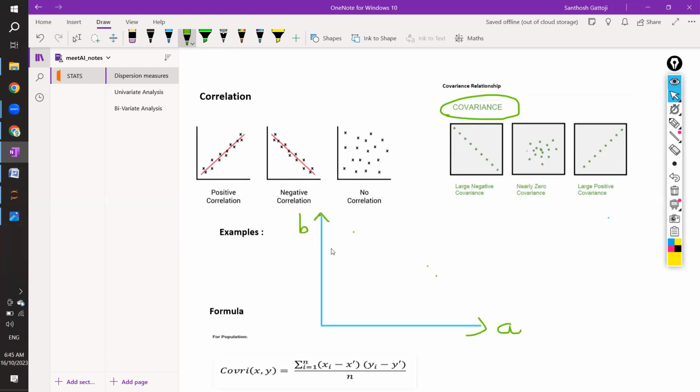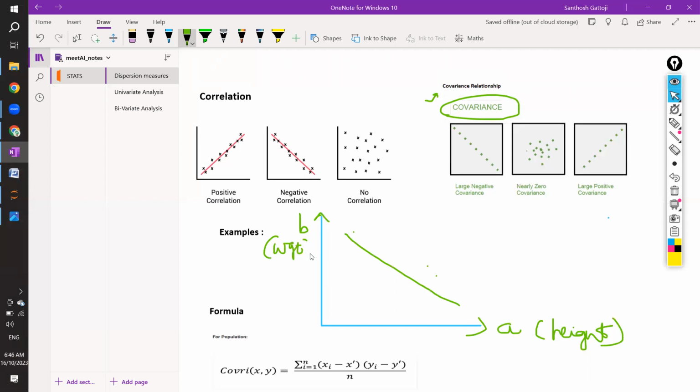Now, first let's see covariance. Let's take a simple example: A is height and B is weight.